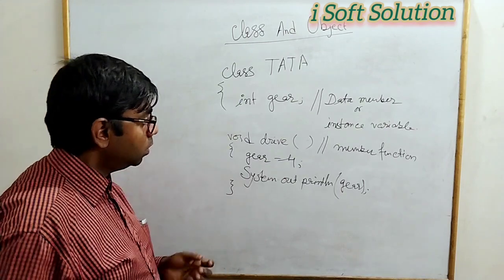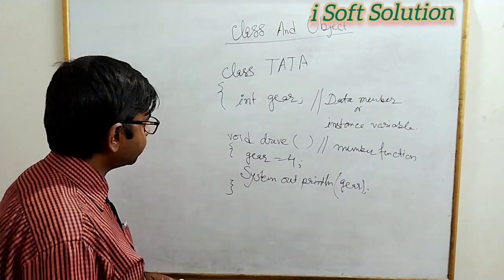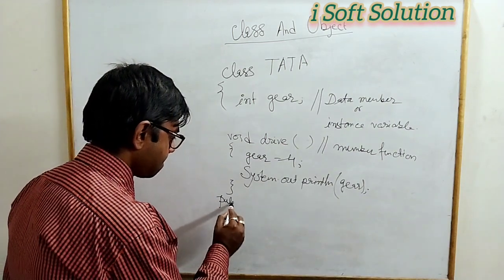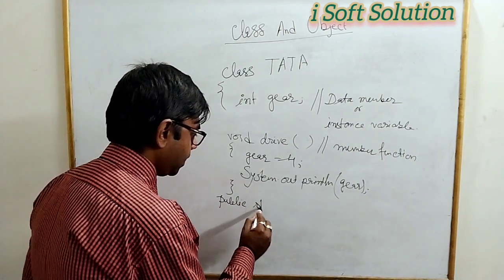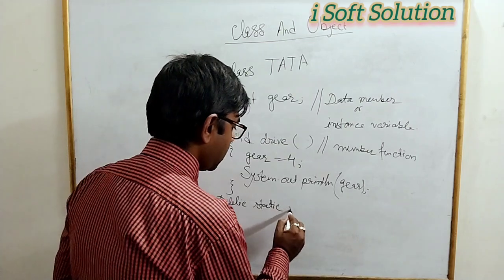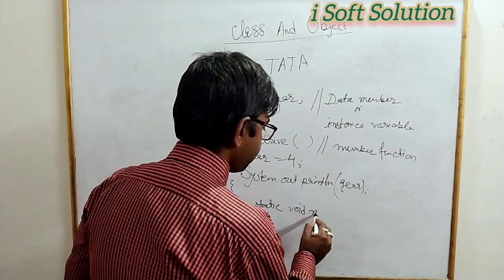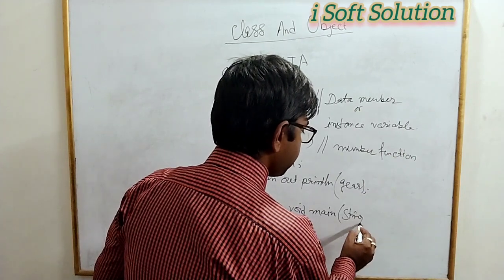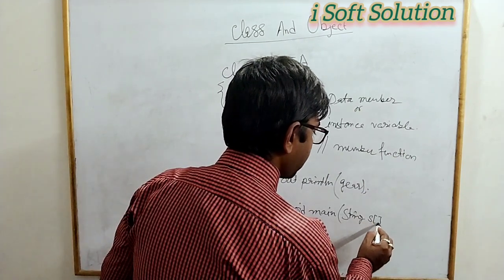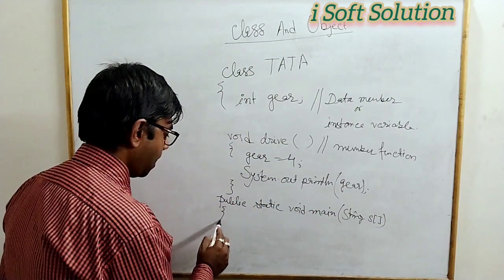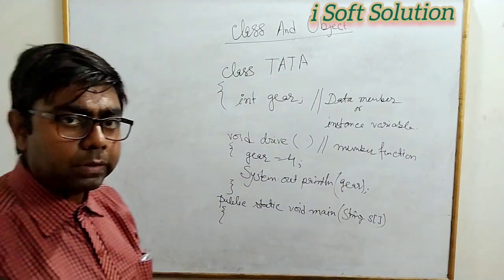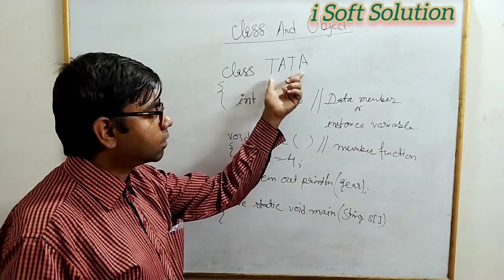Now, the main function. Public static void main String args. Within this main function, I have to write an object of this class.